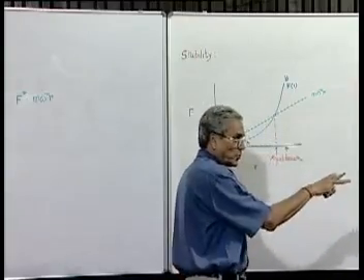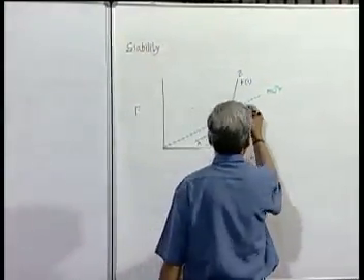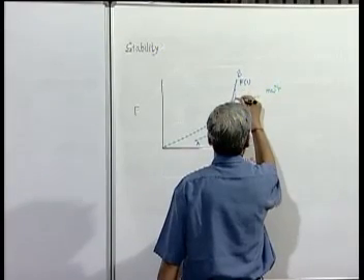We give a push to the governor or the balls in such a way that it goes to a higher value of radius. What will happen?